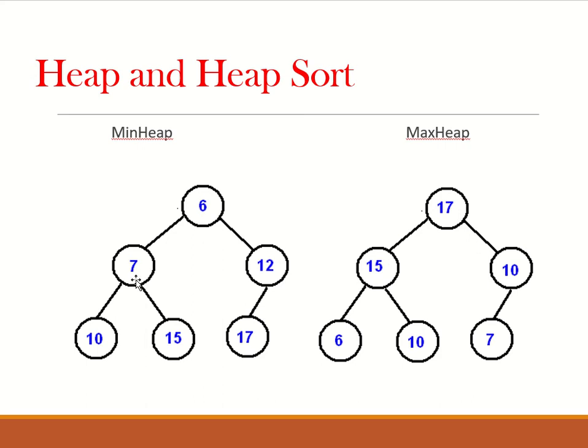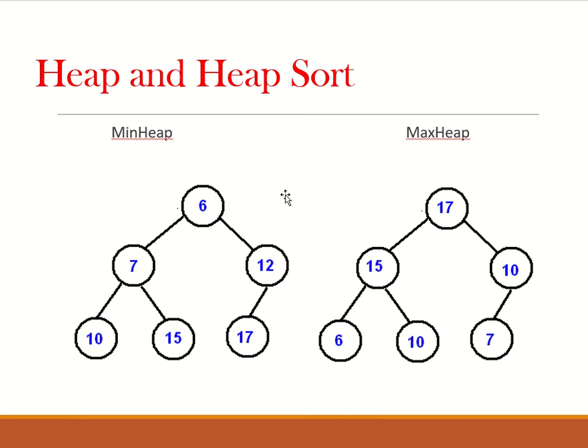Similarly, 10 and 15 are the children of 7 and they have a value greater than 7. 17 is the child of 12 and it has a value greater than 12. This is applied across the tree, and the minimum valued element comes in the root, and this is called a min heap.